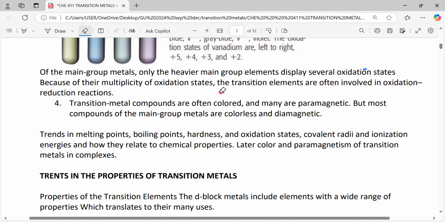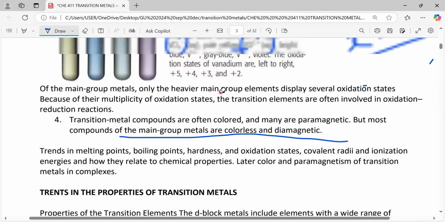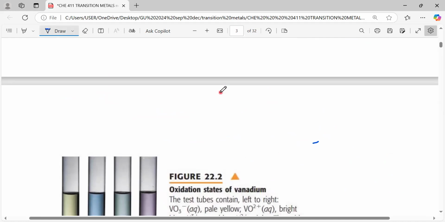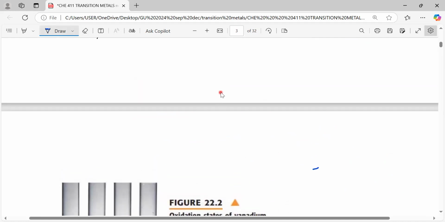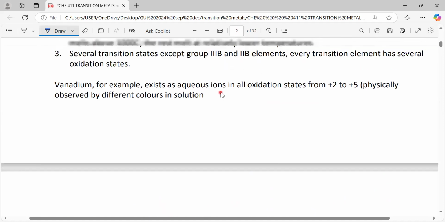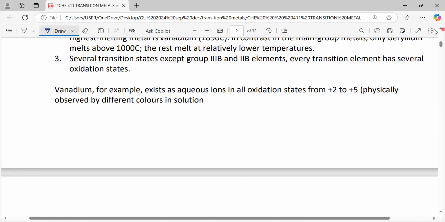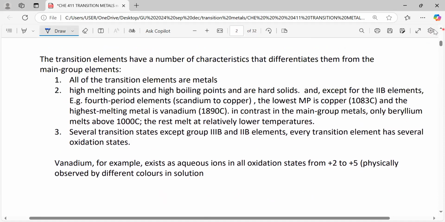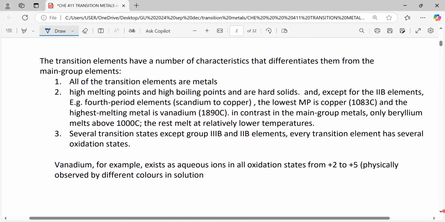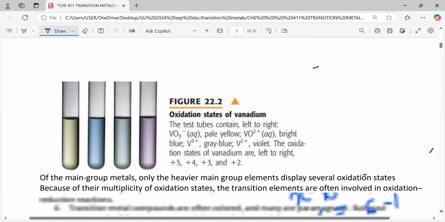So I hope we are able to see a few differences between main group elements and transition elements, like color and oxidation states. What else have we seen? Paramagnetism and diamagnetism as a difference. We have also seen they have several oxidation states, high melting point, and they are all metals.